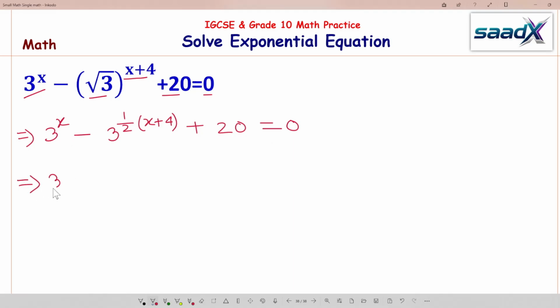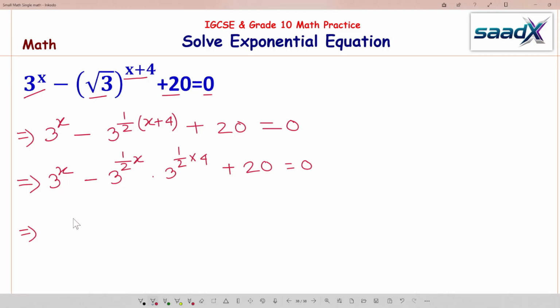Then 3 to the power x minus, we can write this as 3 to the power 1 by 2 x times 3 to the power 1 by 2 times 4, plus 20 equals 0. Then here is 3 to the power x and here is 3 to the power x by 2.